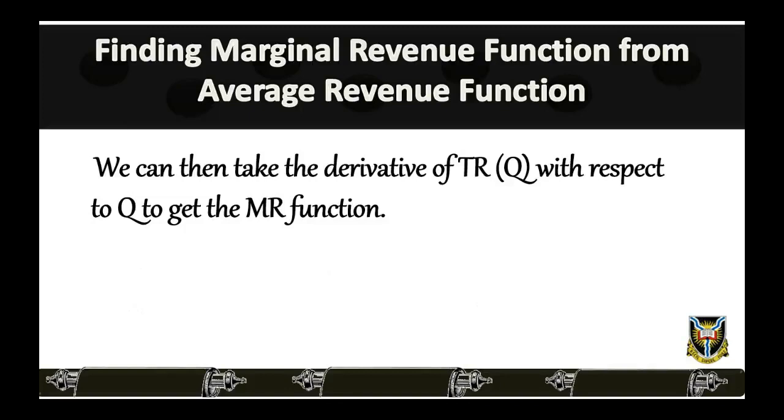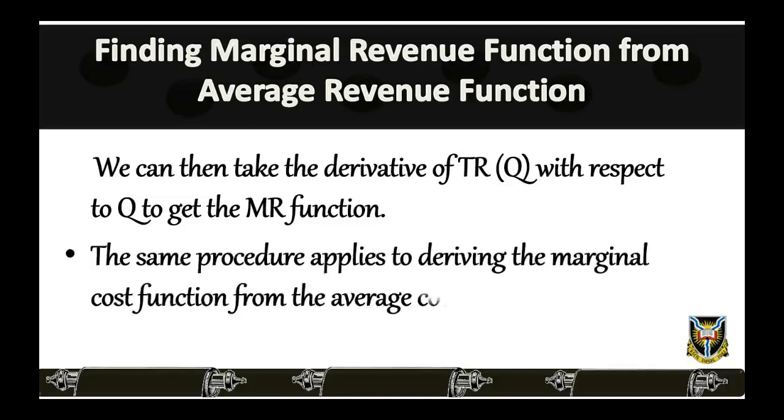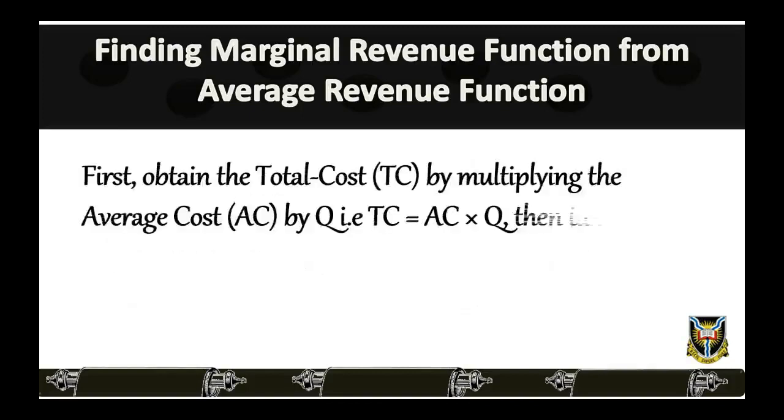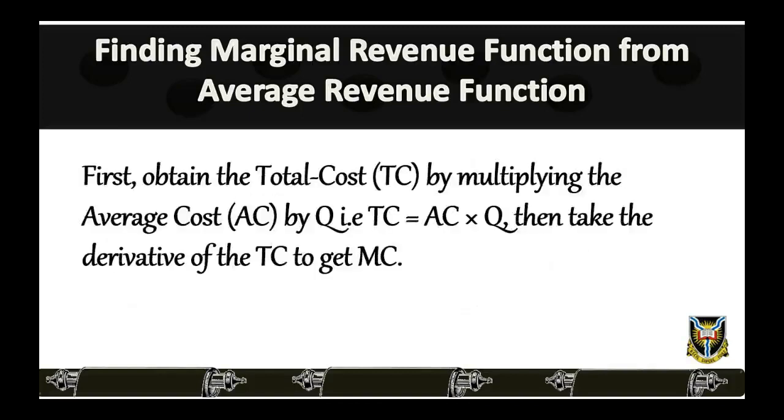The same procedure applies to deriving the marginal cost function from the average cost function. First, obtain the total cost by multiplying the average cost by quantity, that is, TC equals AC times Q. Then take MC equals dTC/dQ.